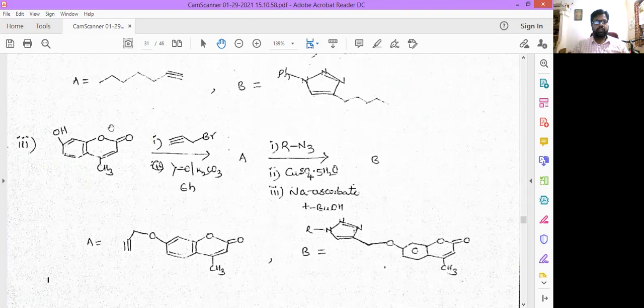So HBr, hydrogen bromide, will be eliminated. After HBr elimination, the triple bond alkyne group will be attached to the terminal oxygen position. After this, the azide will be there, and on this terminal alkyne position the azide will react.